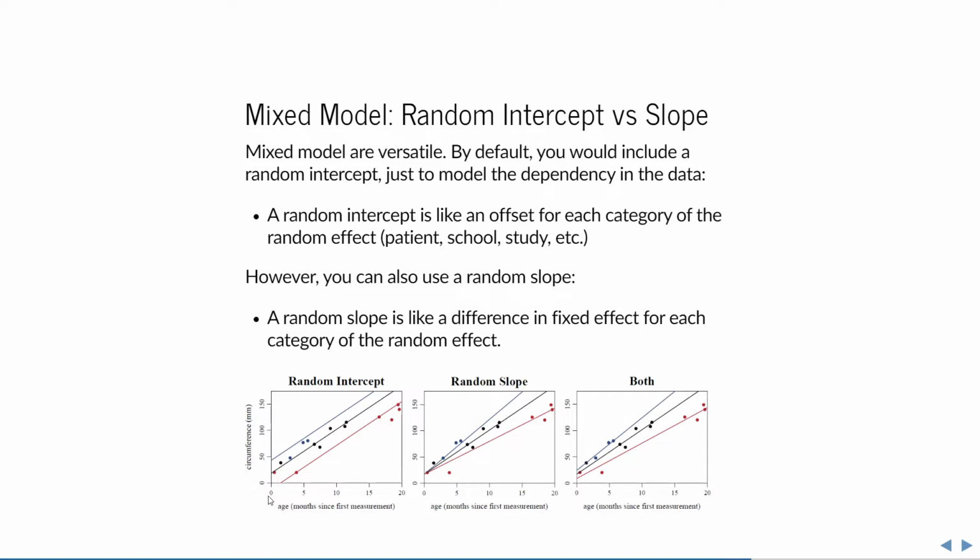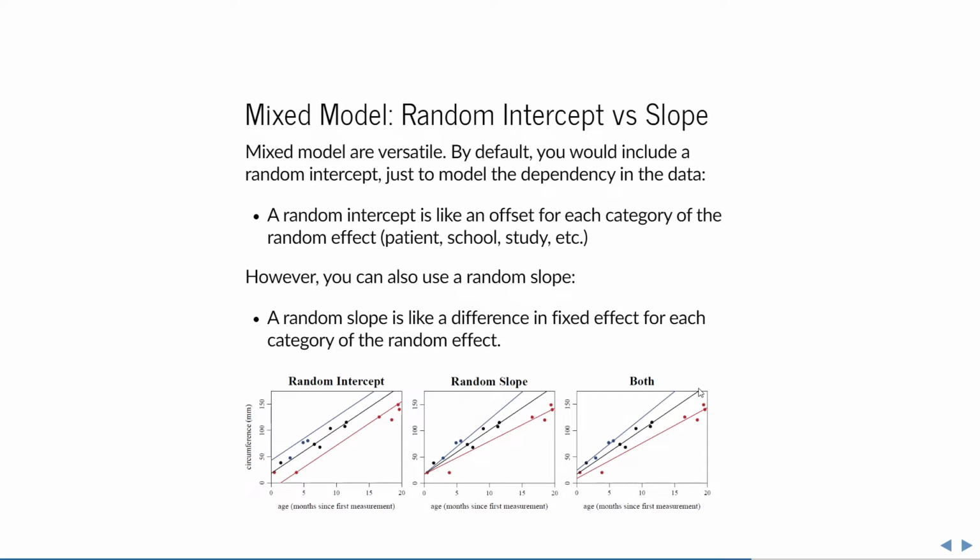A random intercept would be like thinking that every tree starts out at a different circumference and then starts growing in the same manner. Whereas a random slope would be to assume that every tree starts out at the same point when you start measuring, but they grow at a different rate. And then the differences in rate are accounted for by the random effect.